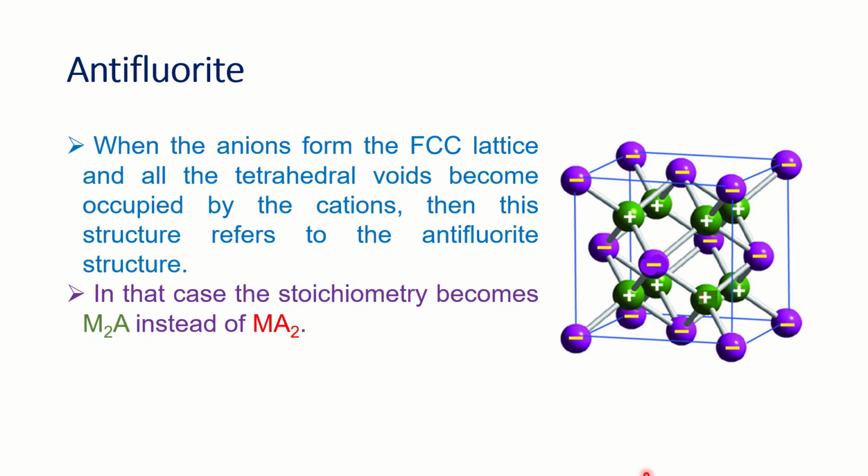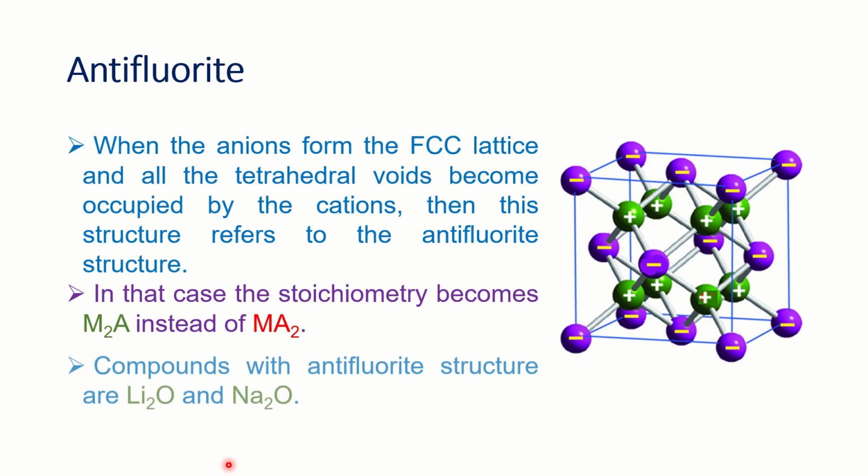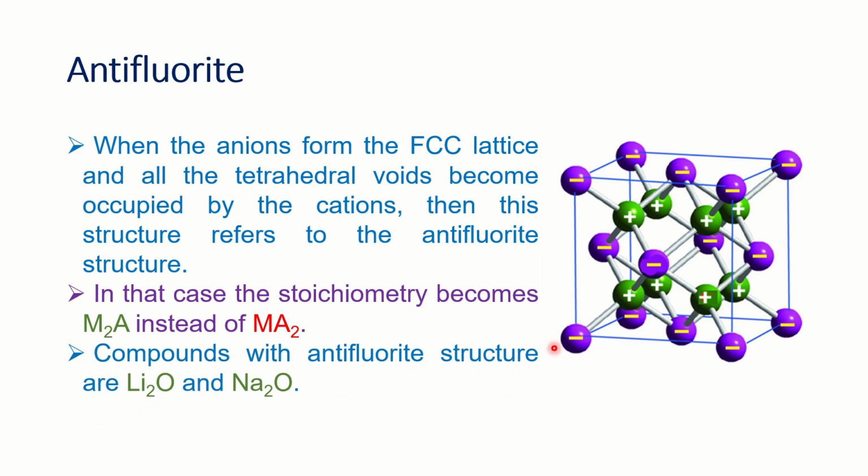In that case, the stoichiometry becomes M2A instead of MA2. So it had been MA2 in the fluorite structure. Now in the antifluorite structure, it's M2A, that is 2 metals and 1 non-metallic anion. This type of structure can be seen in lithium oxide and sodium oxide. So that's all about fluorite and antifluorite. Thank you and have a nice day.